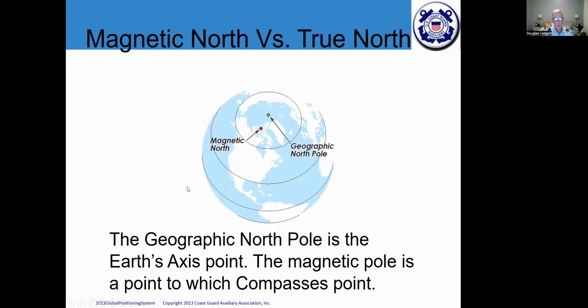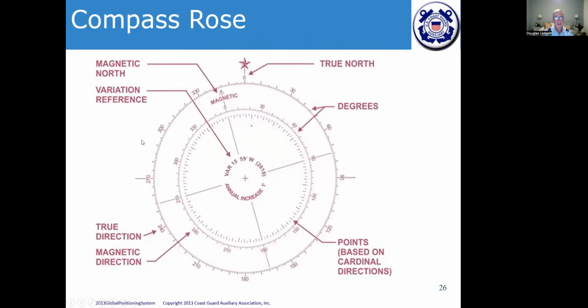So we have to have a way to figure out where we are if we're looking at a compass in relation to our geographic North Pole. And we do that on our charts with the compass rose. As you look at a compass rose, and these will appear on your charts, true north is always shown with a star, and the outer ring is the true compass readings.